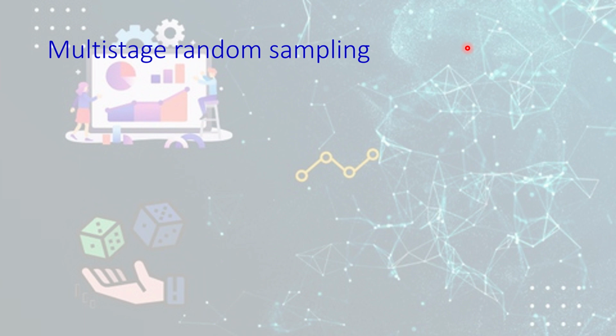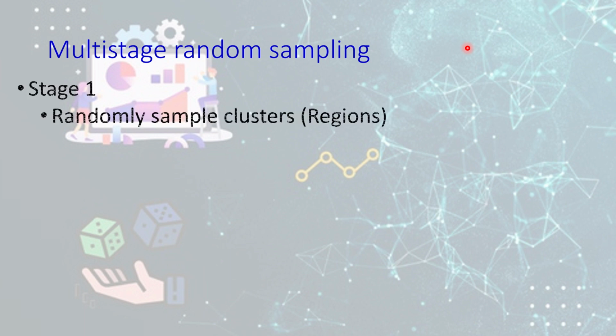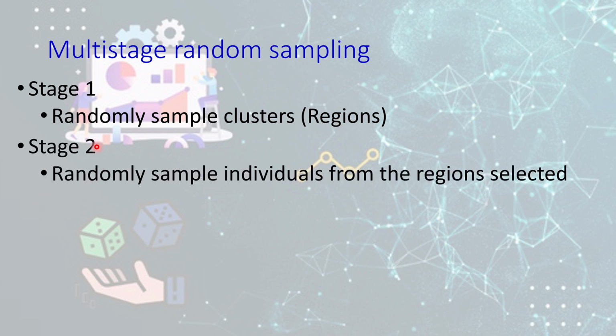This sampling can be done in multiple stages. For example, in the first stage, you may select the simplest one. You select a cluster, or you may select a stratum, and then you select individuals from that cluster. How do we do that? Let me explain.